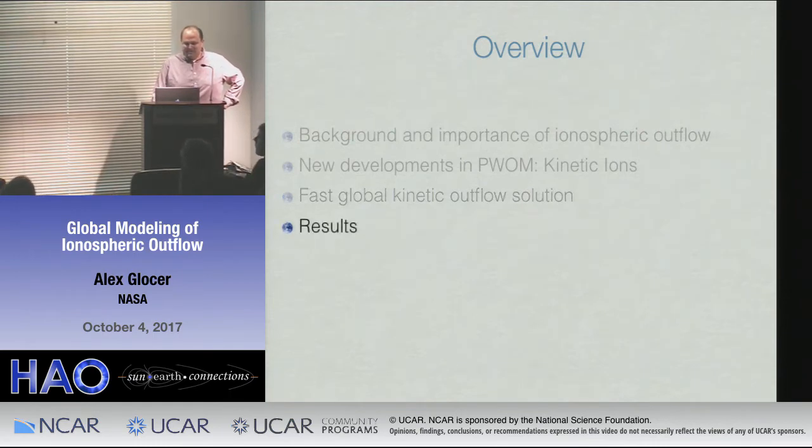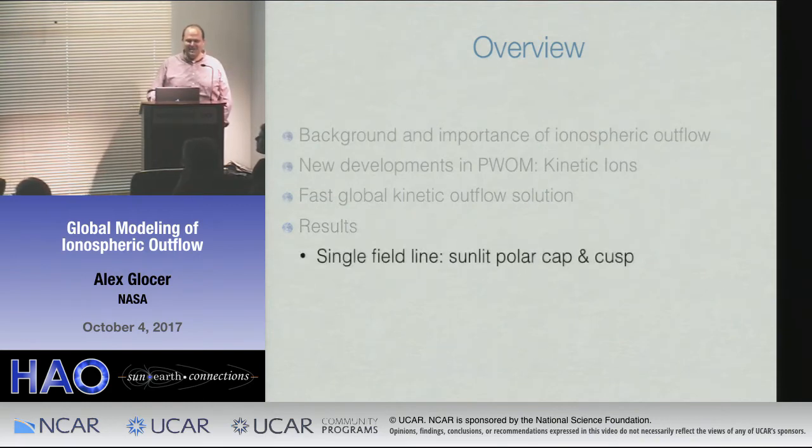And then I'll go through results, and I'll try and start on the simple level, so individual outflow along an individual sunlit field line. And then I'll talk about a single field line in the cusp where you have resonant wave particle interactions and soft electron precipitation.